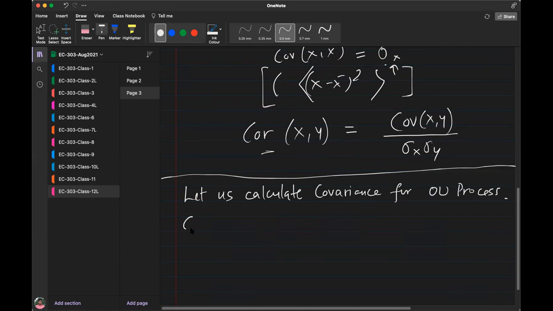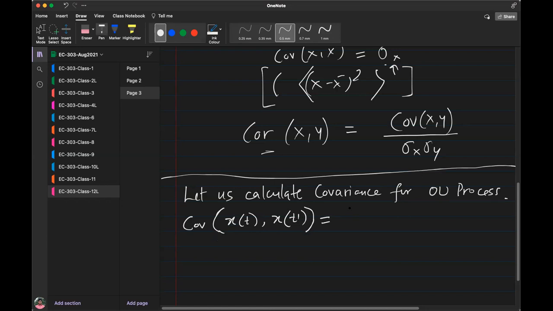Specifically, this is the covariance we are interested in: the covariance between the value of x at time t and, for us, y is not a different process but the same process at a different time, so x of t and x of t prime.